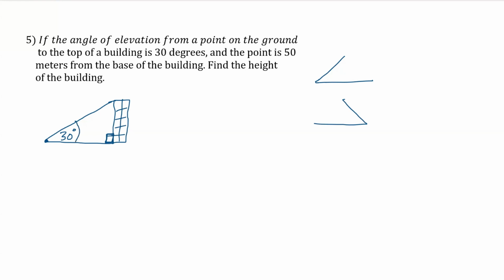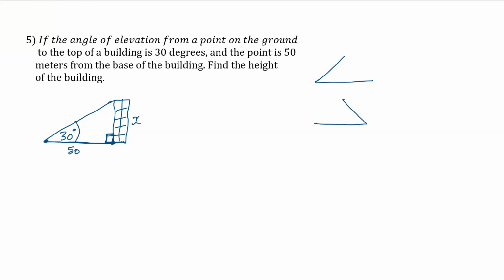And the point is 50 meters from the base of the building. So this point is 50 meters from the base. So this is the base of the building here. So if you measure from the beginning of the building to the point, that gives you 50 meters. So now we want to find the height of the building.